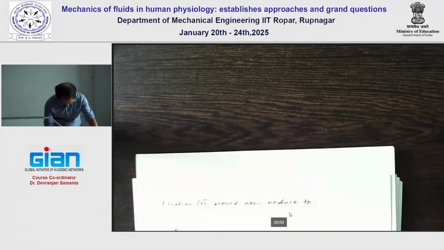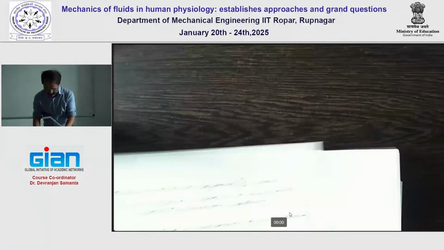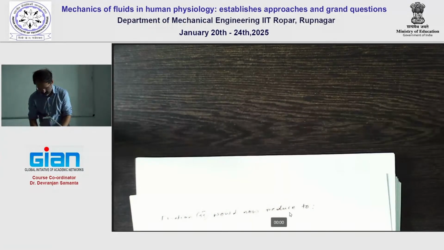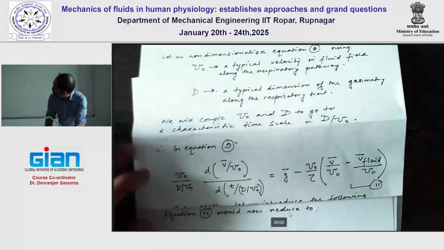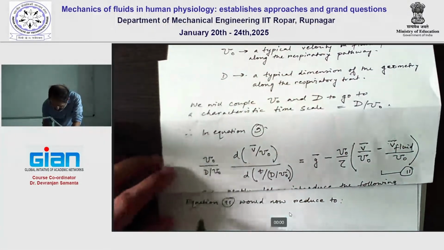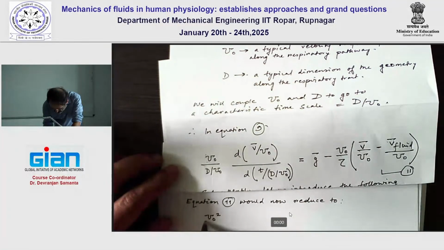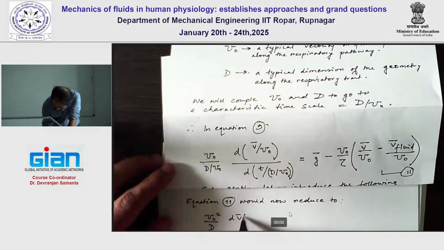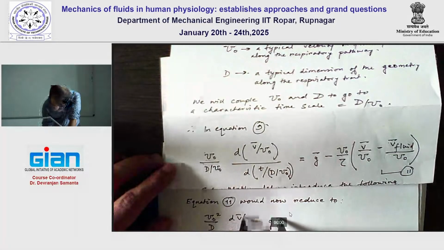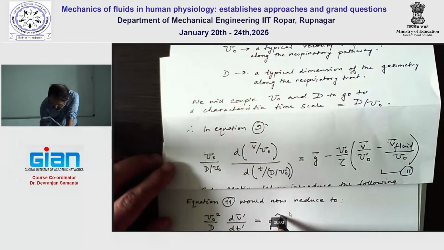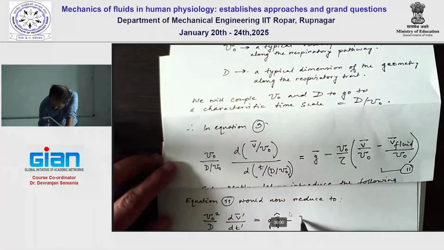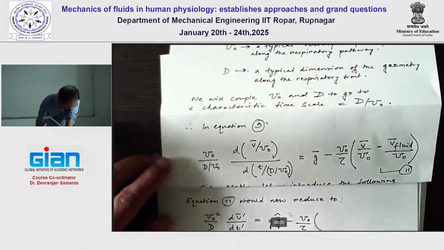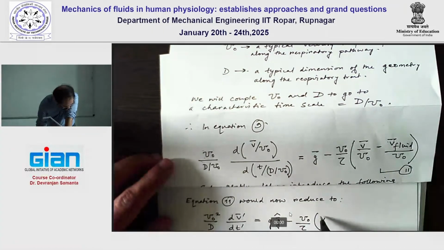so we have the first cofactor by itself, U naught square over D. But this now becomes dV bar prime over dt prime. Then the G becomes G times G bar hat minus U naught over tau multiplied by V prime minus V fluid prime.